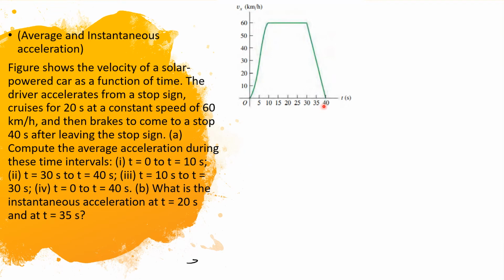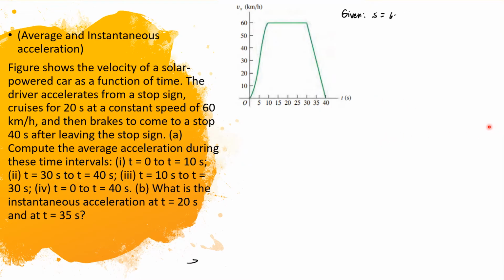For A, compute the average acceleration during these time intervals: from 0 to 10, from 30 to 40, from 10 to 30, and from 0 to 40 seconds. For B, what is the instantaneous acceleration at time 20 seconds and at time 35 seconds?